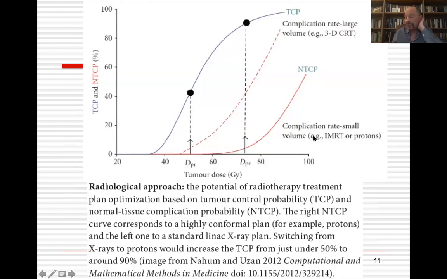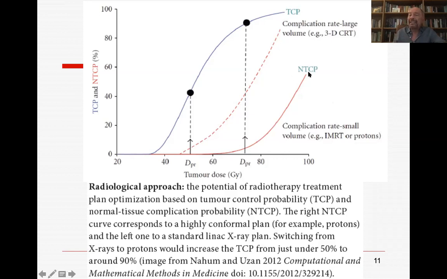In radiotherapy, as I told you, what you really want to do, this is the dose to the tumor. And you want to compare the tumor control probability, TCP, and the probability of severe complications. Generally, they look at late effects, because late effects are more difficult to treat than early effects.